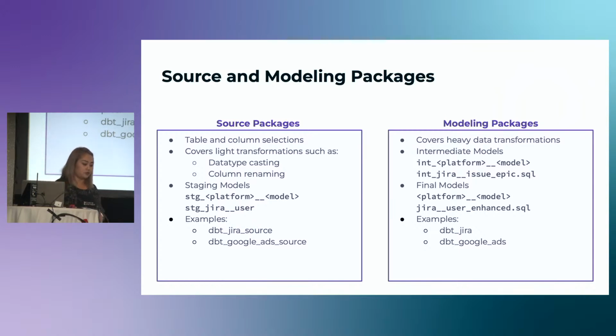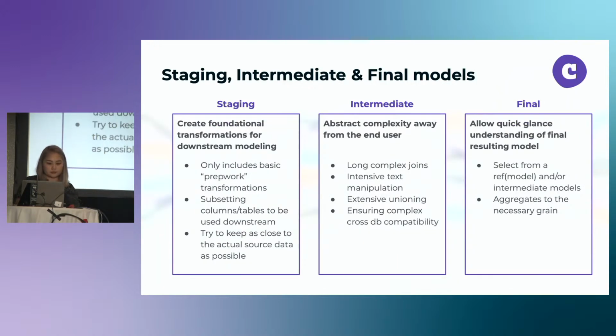So for example, modeling package is dbt Jira, source package is dbt Jira source. And intermediate models also belong in our modeling package, and they are prefixed with int for intermediate. And so I'll talk more about each one of these models and the transformations we typically associate with the types of models.